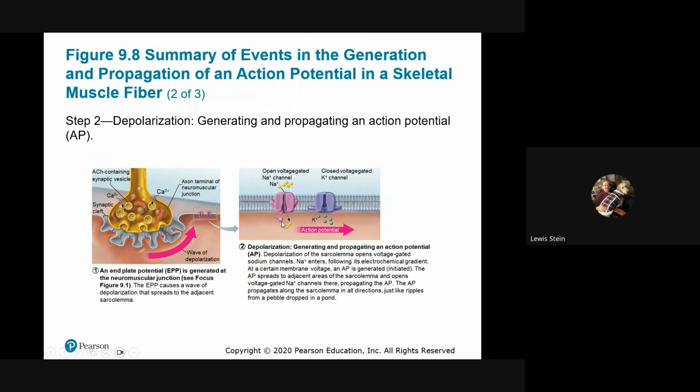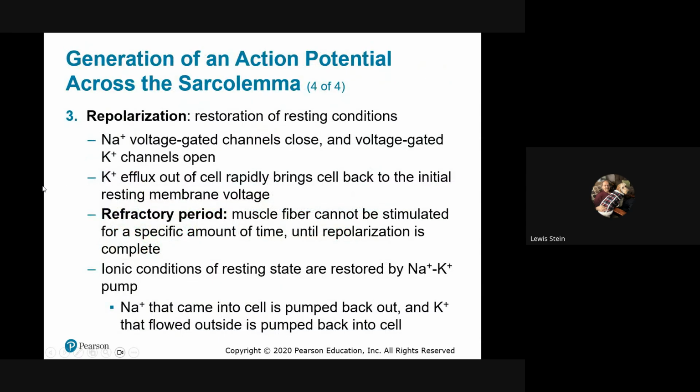That's sort of like if this is a gate, when you close the gate and lock it, that's the lock. That's called an inactivation gate. And because there's a certain amount of time, what effectively happens is you create something we call an absolute refractory period.